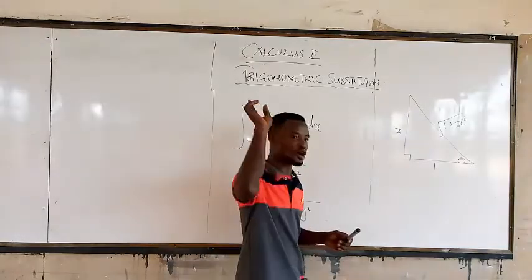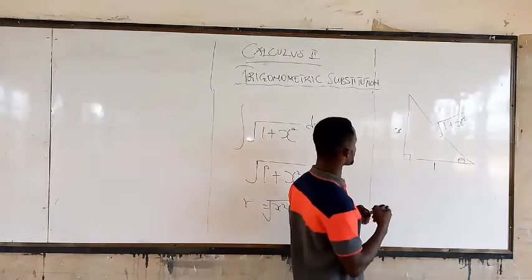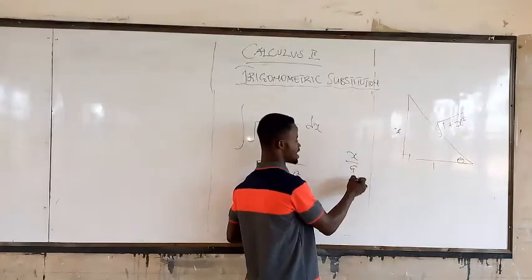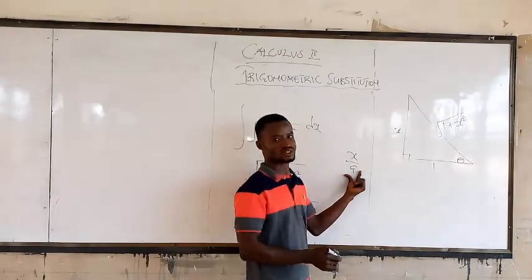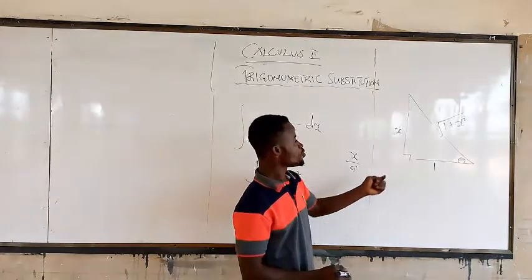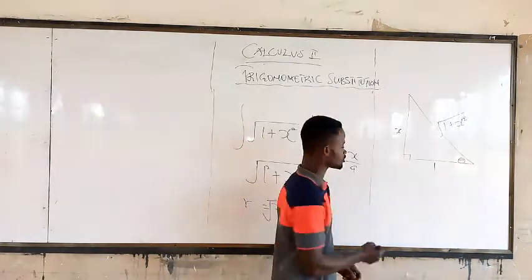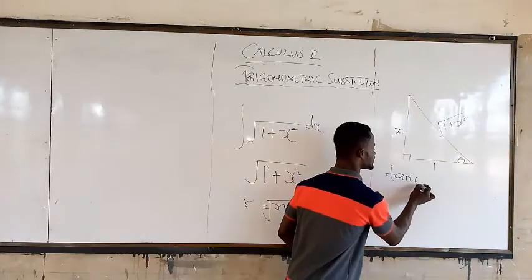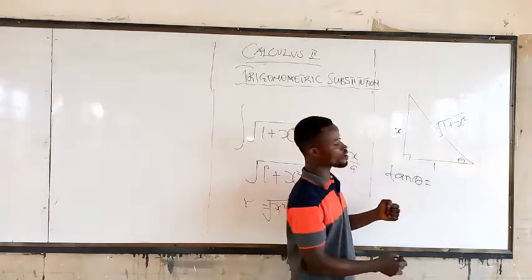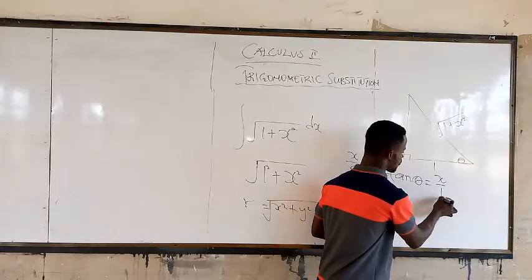That is x over a, where a is representing any constant. We can see that it's only tan. We can see that tan theta is going to give us x over 1.